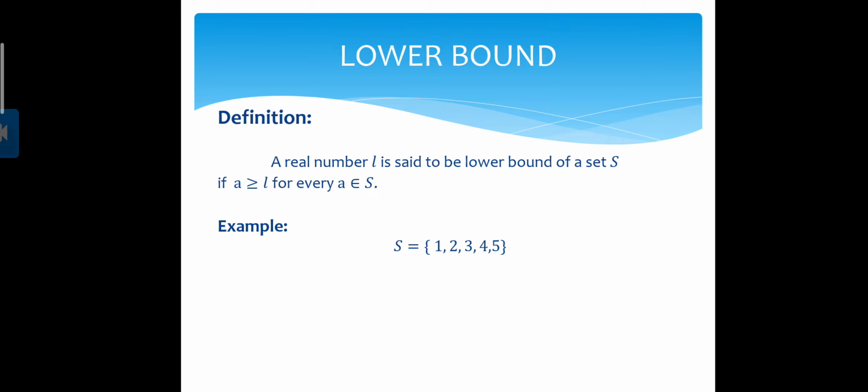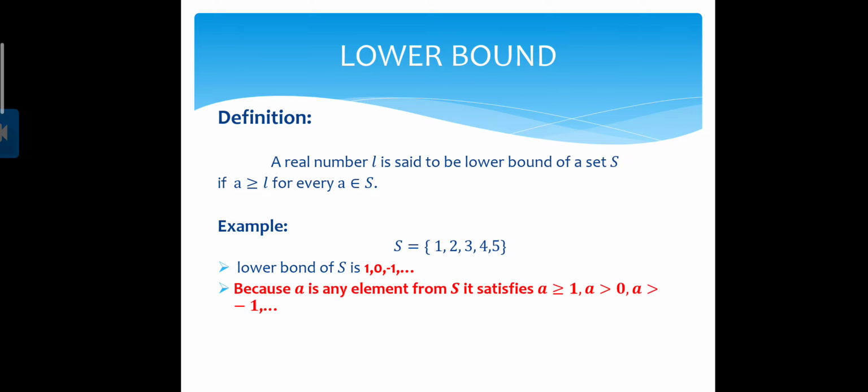Then you can take any number which is less than 1, that is 0.9, 0.8, 0.7, 0.6 and so on, keep on decreasing. Those numbers are lower bounds of the set S, and it also need not be unique, and we can find an infinite number of lower bounds for the set. So the lower bounds of S are 1, 0, -1 and so on, which satisfy the condition.